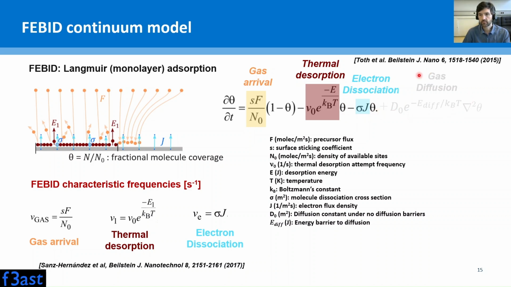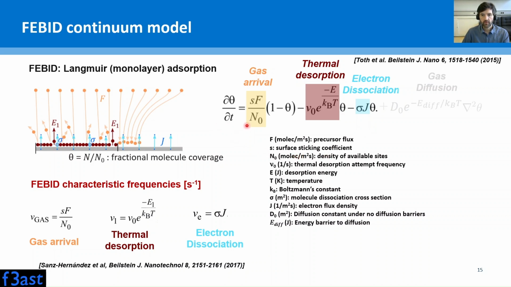And then it also depends on how much diffusion, how much gas is coming through diffusion. And in this case, the FEBIT algorithm is not taking into account the gas diffusion because this complicates significantly the solution of this equation. And we have seen that in many occasions, fortunately, this is not necessary, so we can get an analytical solution which simplifies the complexity of the algorithm.